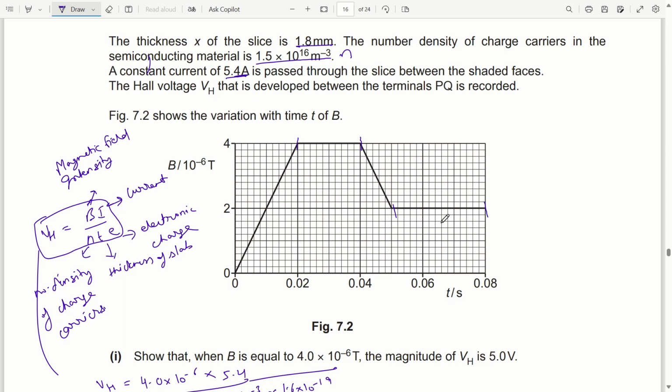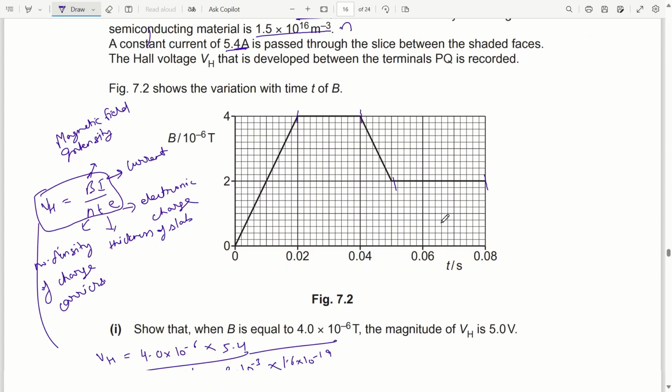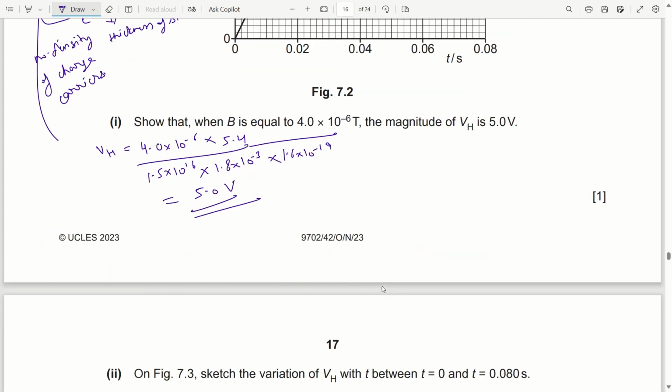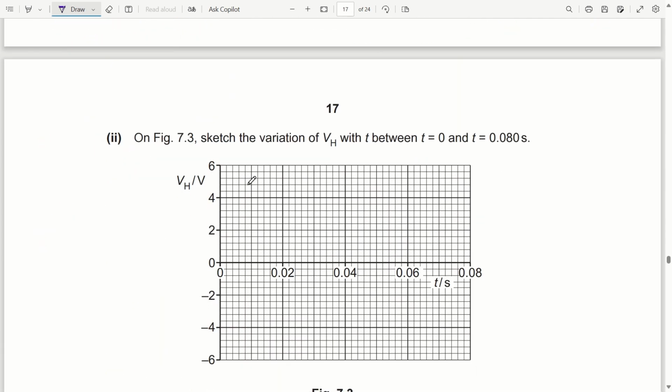Now we have to find the magnitude of VH also. Here when the magnetic field is 4, we have calculated the magnitude of VH is equal to 5.0 volts. So on our graph it will be here, this will be 5 volt.